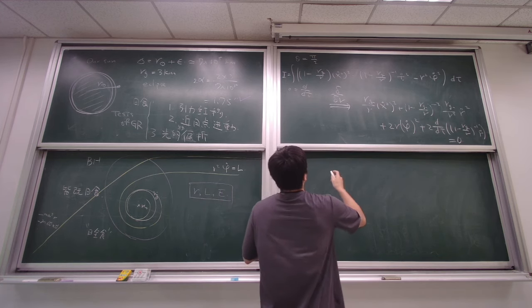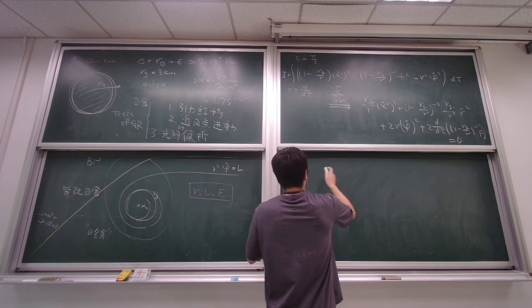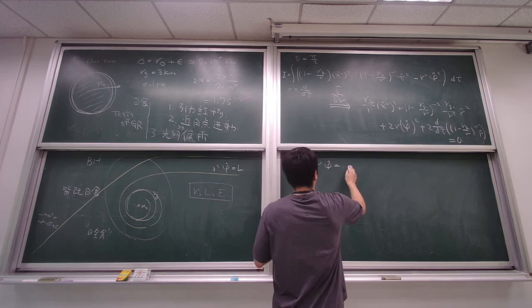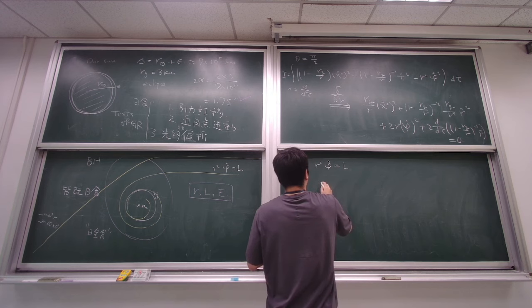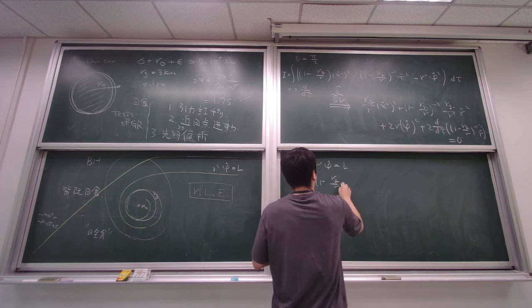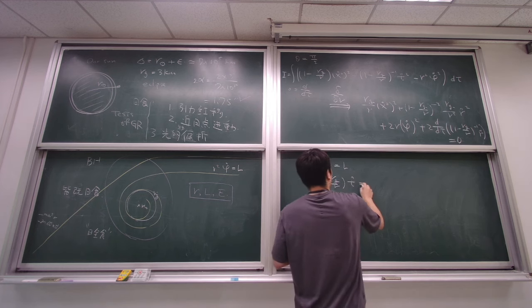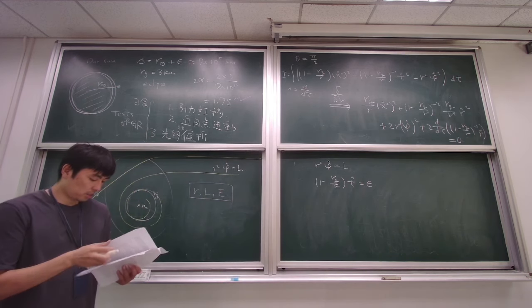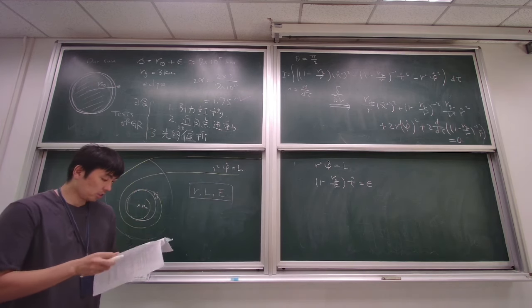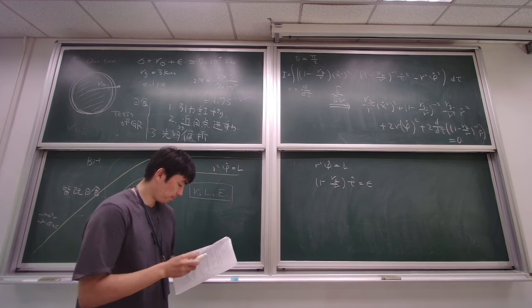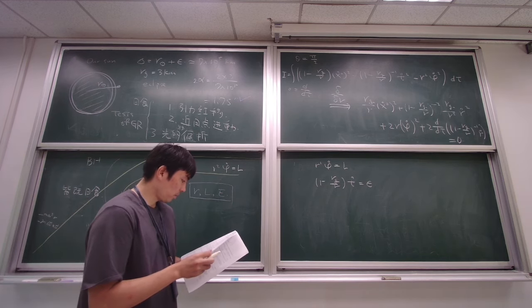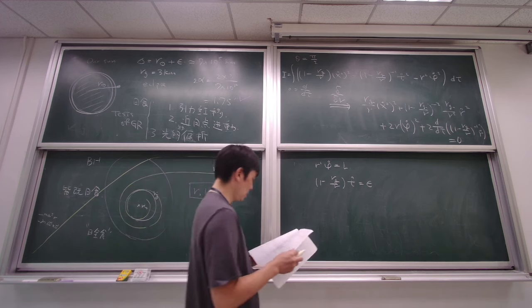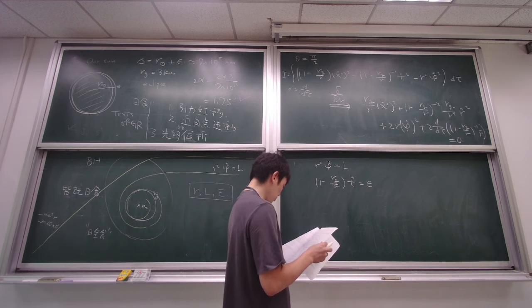Also we have the angular momentum conservation, R square phi dot is equal to L, and 1 minus Rg divided by R times t dot is equal to epsilon. So this is kind of energy conservation. Hopefully, so far I haven't told you anything wrong. I think this should be okay.